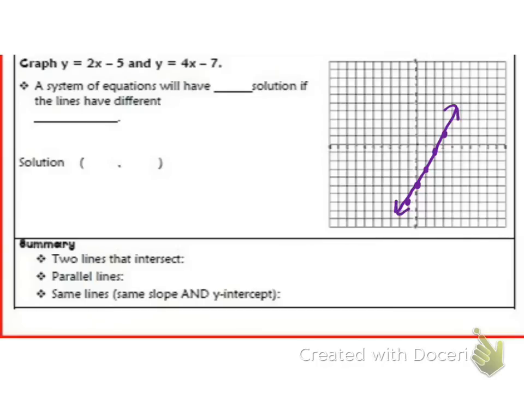And the second equation of y equals 4x minus 7 is going to start down at -7. And it has a slope of 4. And already I have found an intersection point. It's right here at -1. I'm sorry, at +1, -3.